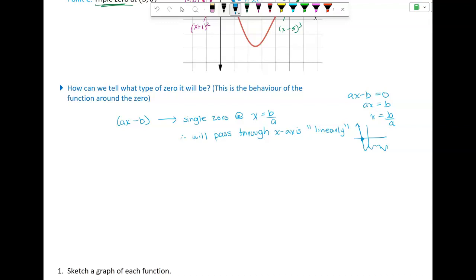Okay, which is different than if I had an (ax minus b) bracket squared. That will cause a double zero. And that double zero also happens similarly at the x equals b over a value. But because of that exponent of 2, it will pass through the x-axis like a quadratic. So we'll call that quadratically.